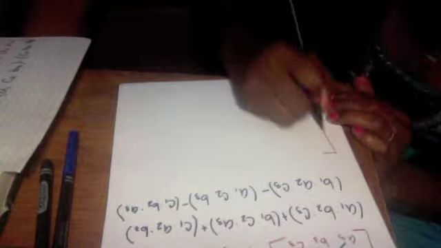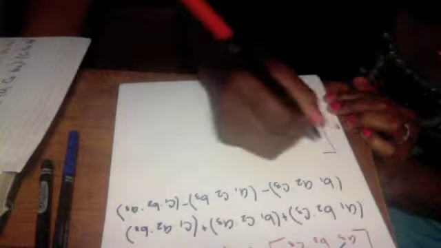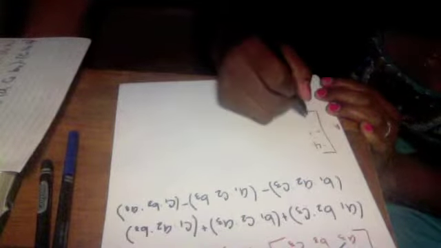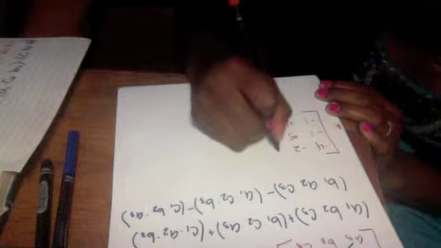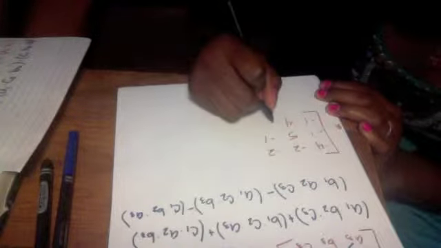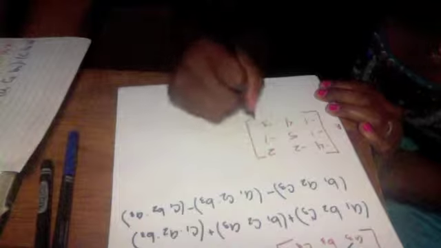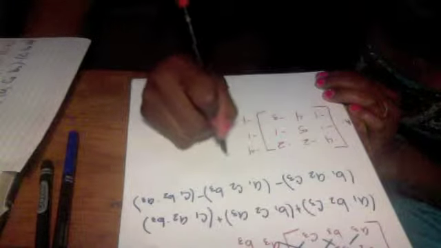Now we're going to have A equals -4, -1, -1, -2, 5, 4, -2, -1, and -3. And like I said before, you're going to take the first 2 columns and put them on the outside, as you can see.